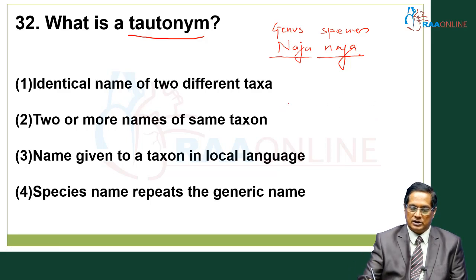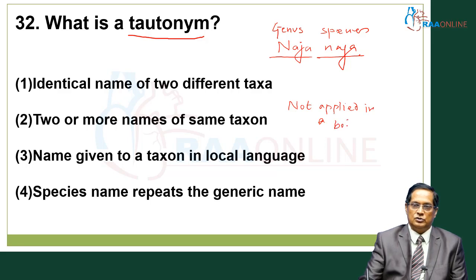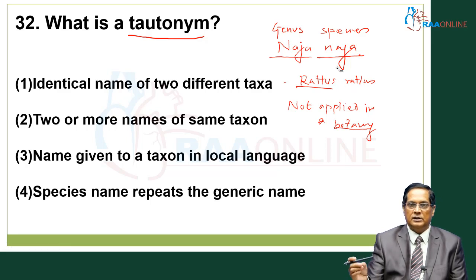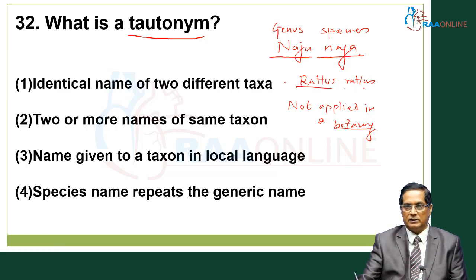Tautonyms are not applicable in botany. In zoology, there are a number of organisms which have the same name for genus and species. For example, one more example, Rattus rattus, the scientific name of the rat. See, genus and species both are the same.